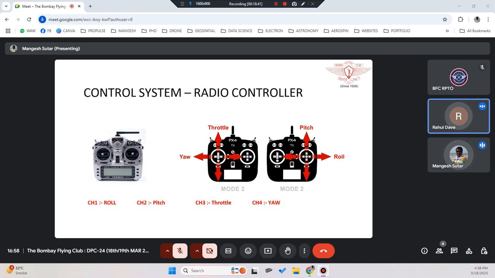Whenever you are flying the drone, you give throttle, fly up, and always check the controls: pitch forward, pitch back, roll right, roll left, your right, your left.